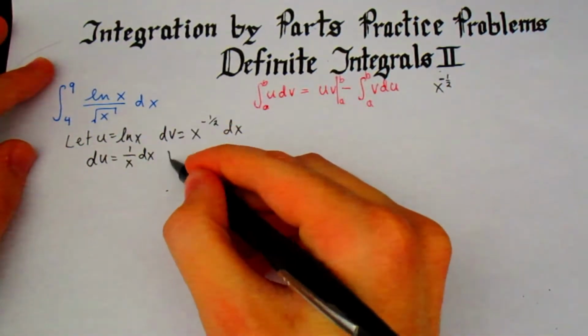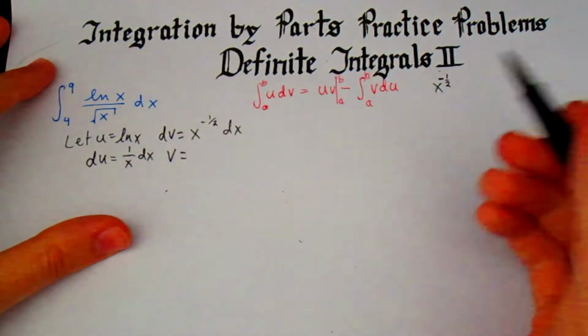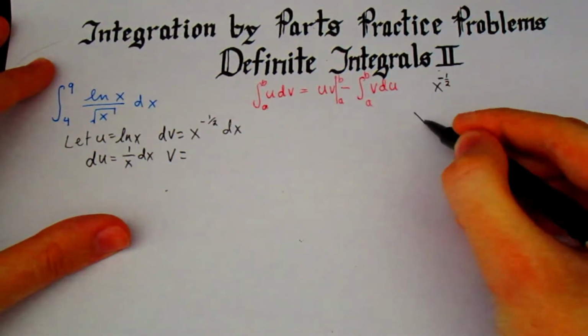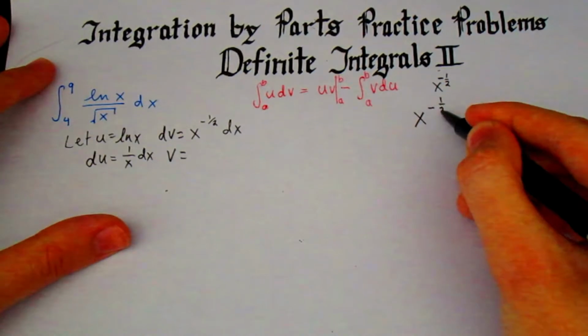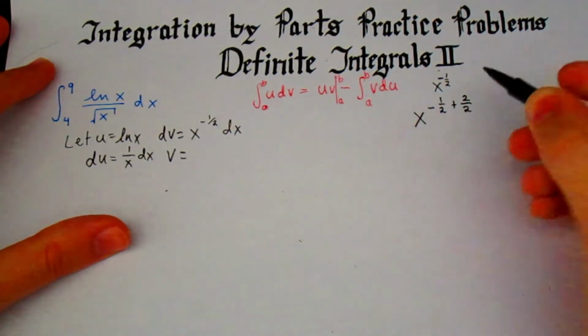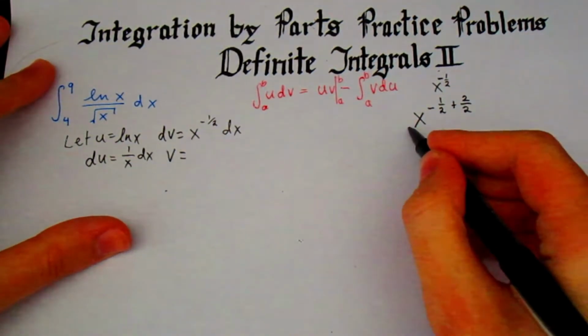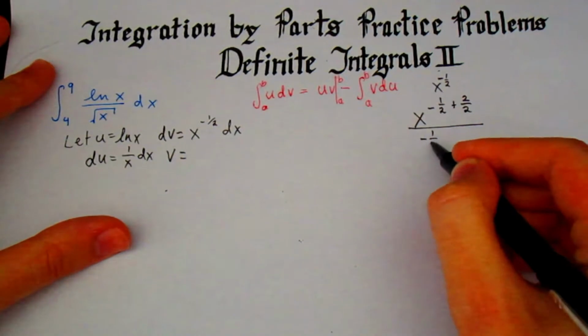And to find v, using the power rule with the fraction, this is how you do it, which I'm sure you probably know by now. We take the exponent and we add 1. That's 1/2 right there. And we divide by the exponent plus 1.